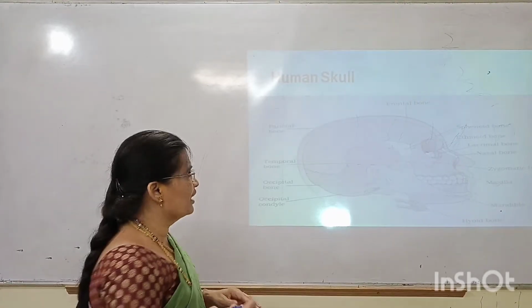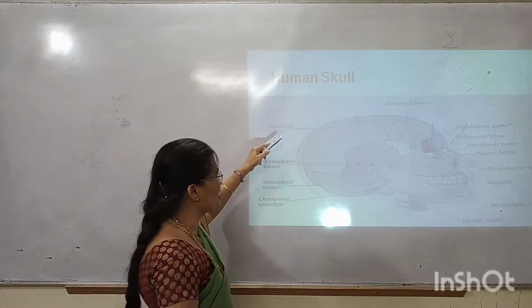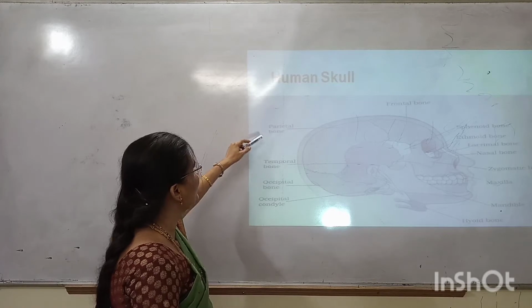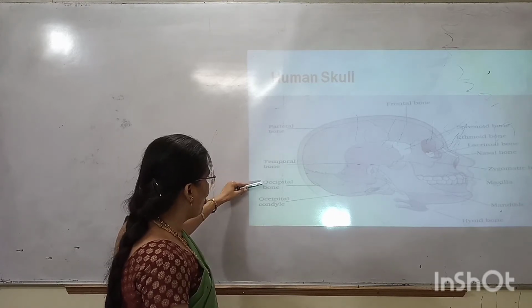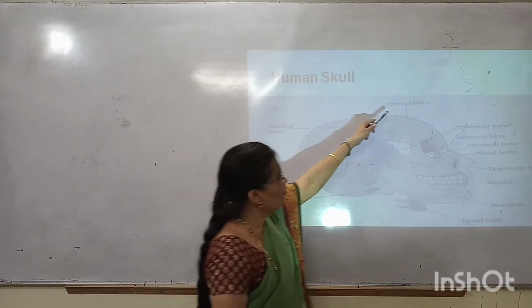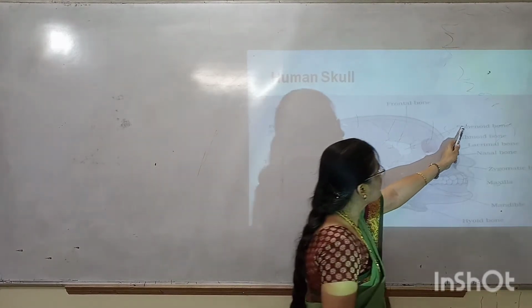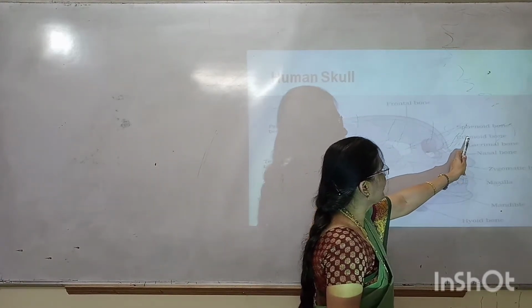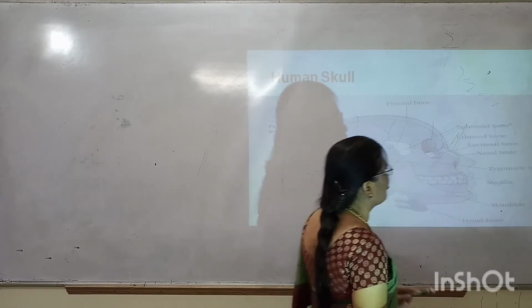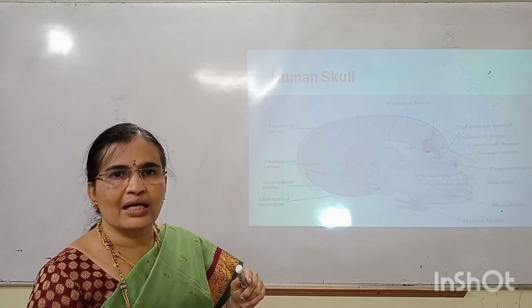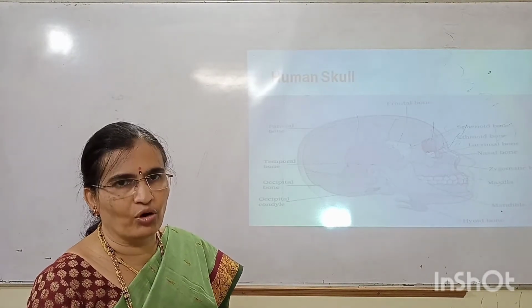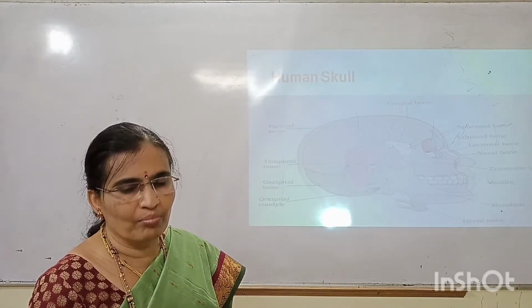You can see in the diagram the parietal, temporal, occipital, frontal, sphenoid and ethmoid. These are the cranial bones.